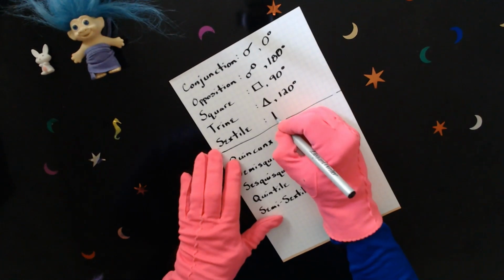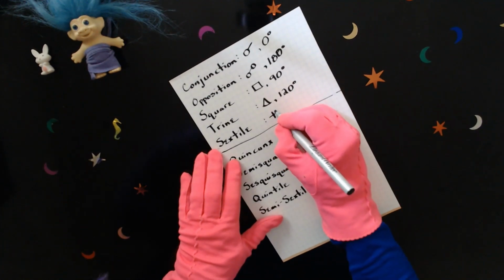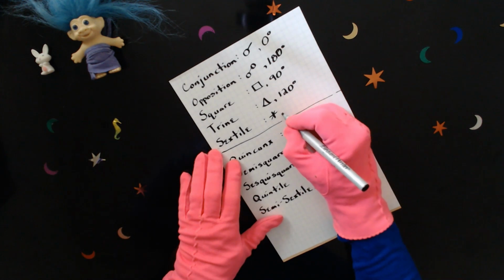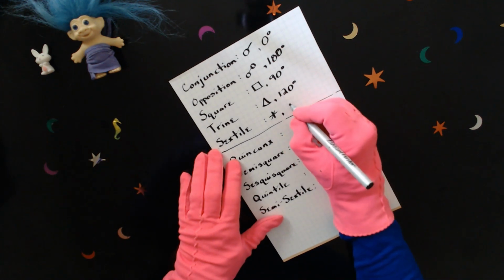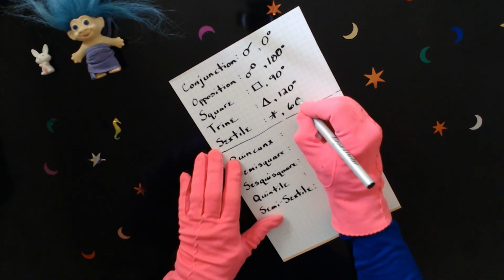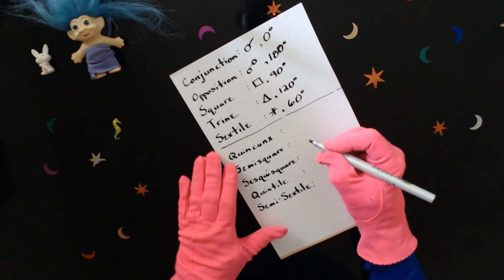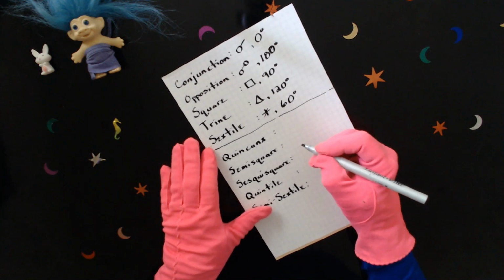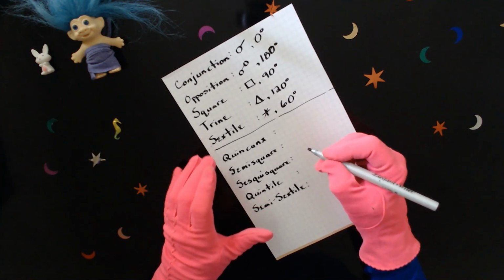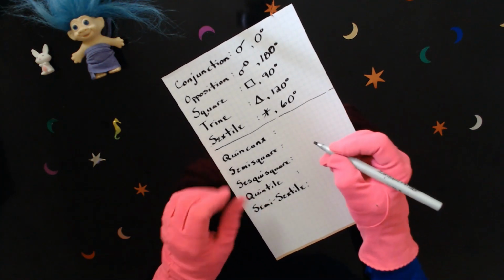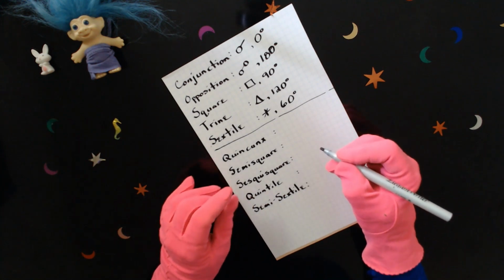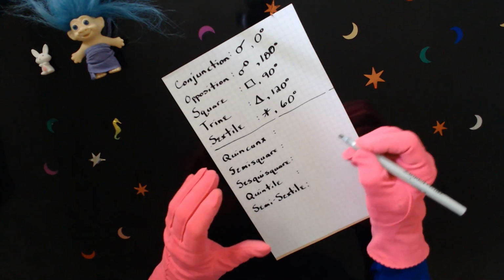Sextile is our 6-pointed star, and that's 60 degrees. I actually like this aspect quite a bit, because it really provides a lot of opportunity. When you see it in your chart, you get a lot of sparkle.